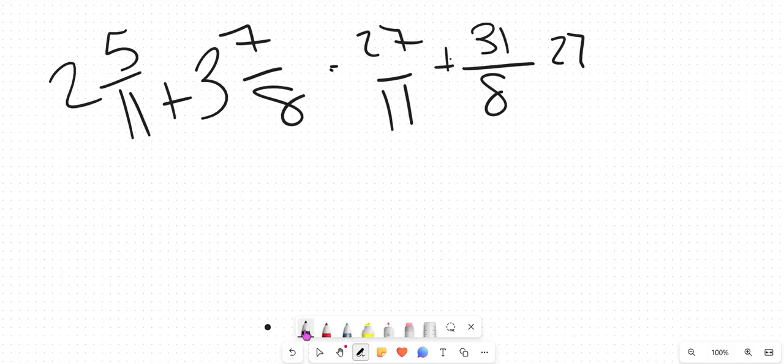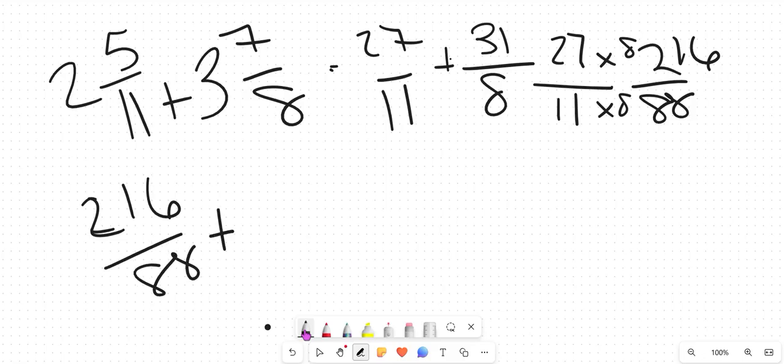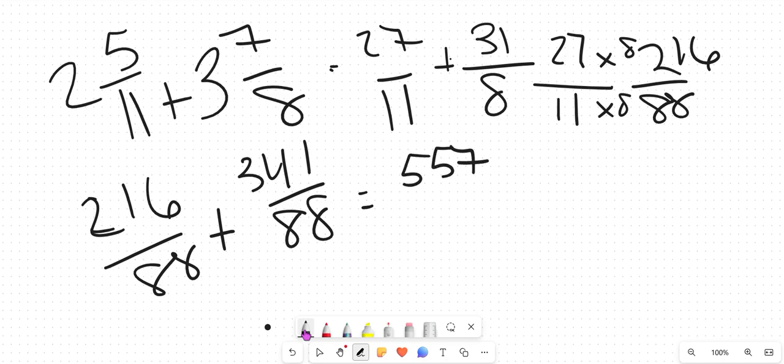So then we're going to find the common multiple of 11 and 8, and that's going to be 88. 11 times 8 is 88, so we're going to multiply by 8. And on the other side, we're going to multiply by 11, because 11 times 8 is 88. So that's going to give us 216 over 88 plus 341 over 88.